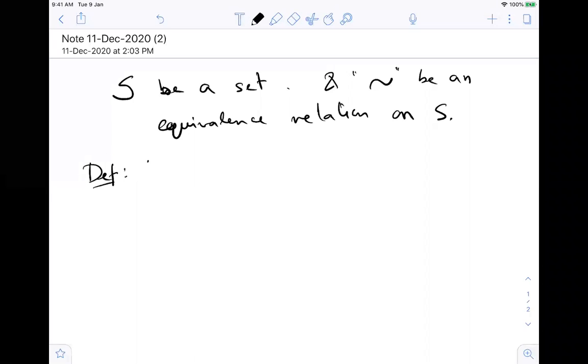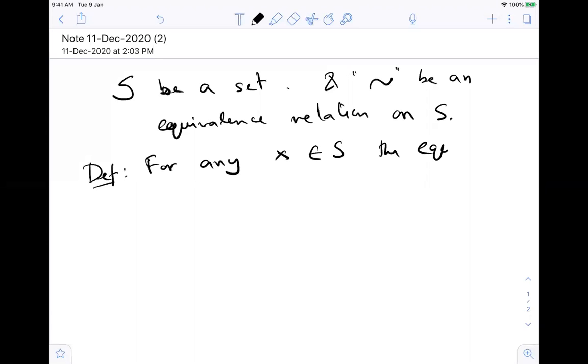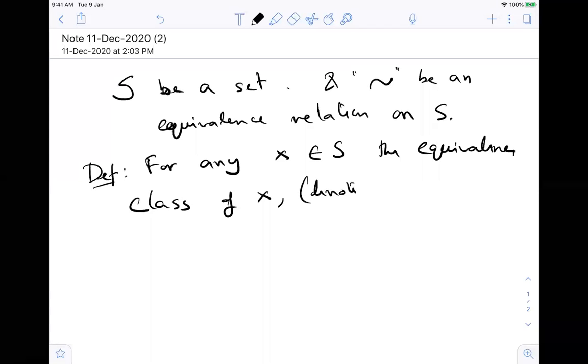For any x in S, the equivalence class of x, denoted E of x, is the set of all y's such that x is related to y.